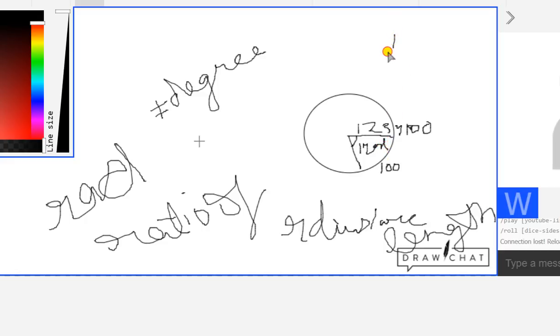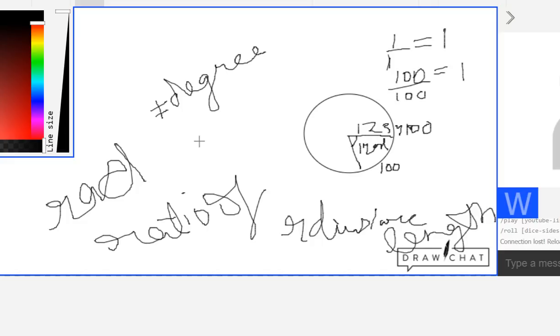Because 1 divided by 1 is 1, and 100 divided by 100 is also 1. So this is the idea behind this, right?